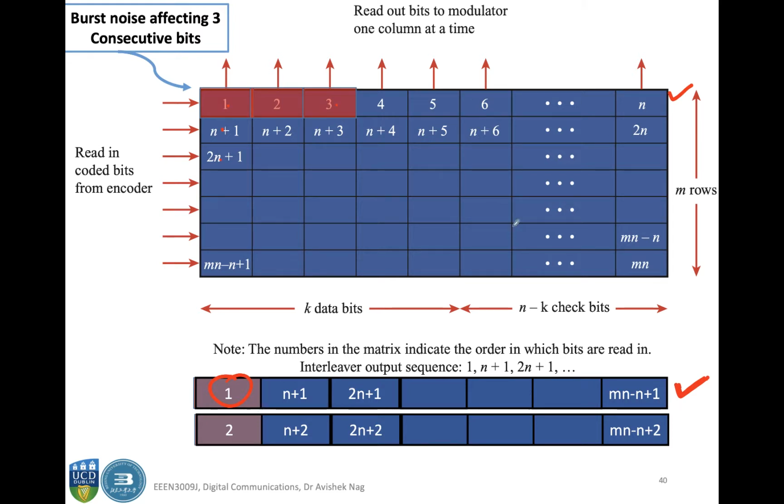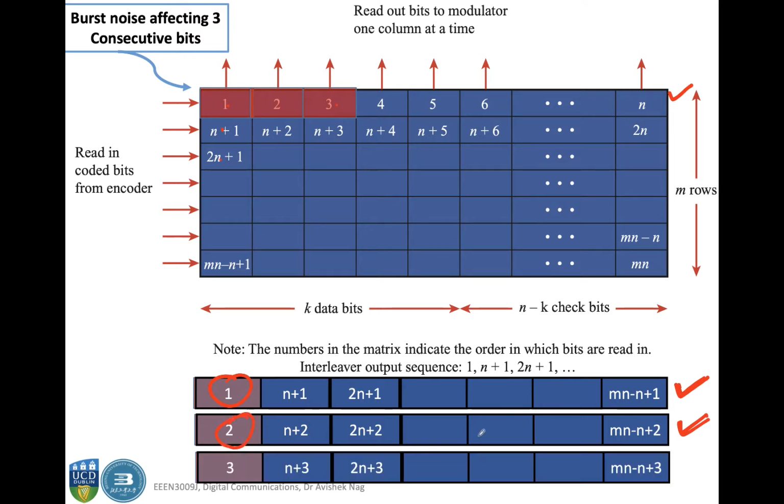The next block you are reading is this one; here also only 1 bit is affected. Again, the next block you are reading is this one, where also you have only 1 bit affected by error. So this can be corrected efficiently. Instead of having 3 consecutive errors, you only have 1 error per block if you are reading in this fashion.